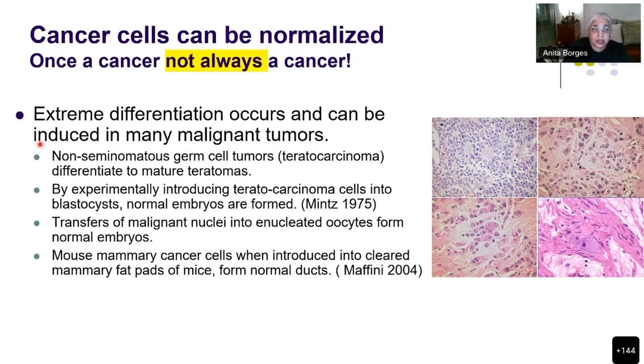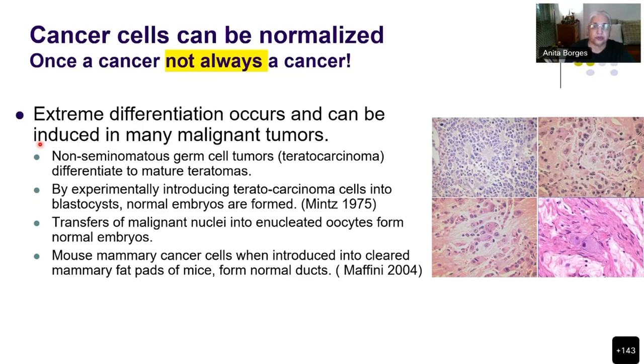On the other hand, you can take malignant nuclei, because I don't think cytoplasm can be said to be malignant. The genetic makeup of any tumor is in the nucleus. You take the malignant nuclei of a tumor and you put them into enucleated oocytes.